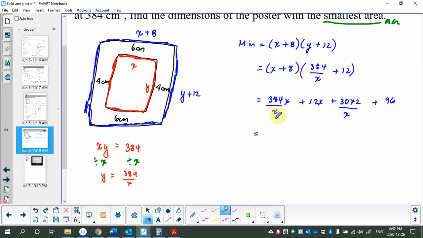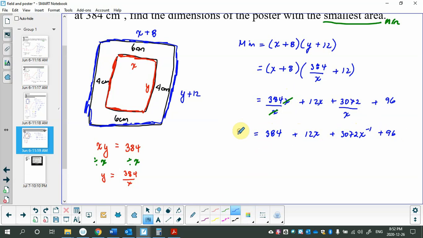These x's, one top, one bottom, will cancel out, as they would have done if you had done them in the opposite order. Plus 12x plus 3072x to the negative 1 plus 96.